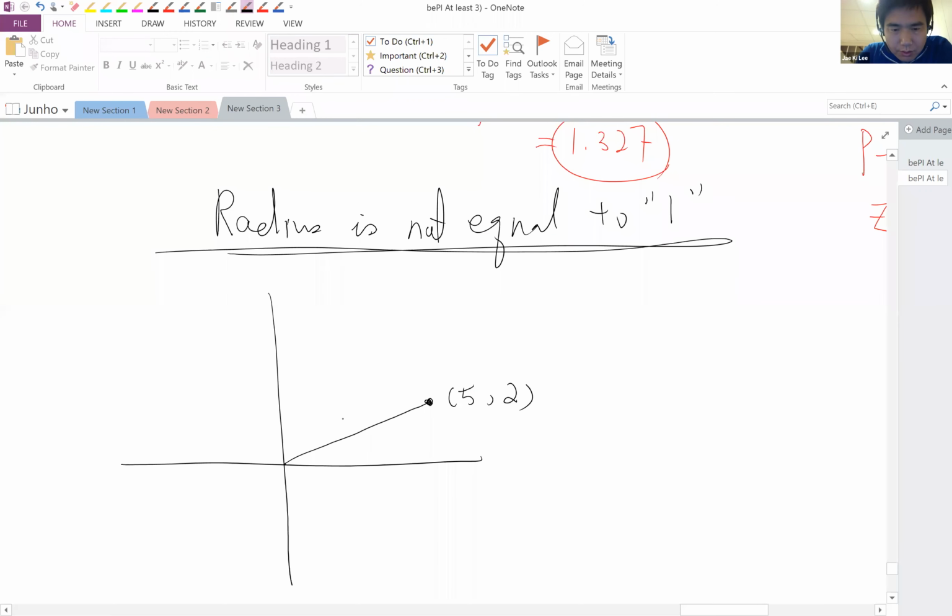So this is r. Then r squared equals 5 squared plus 2 squared, which is 25 plus 4, equal to 29. So r equals root 29. So as you see, square root 29 is not equal to 1, right?